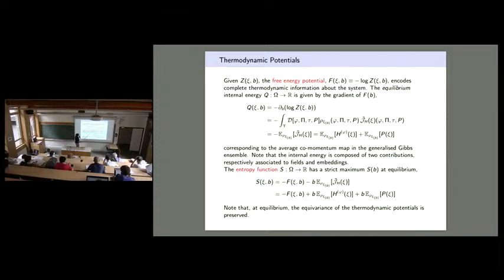So you can define an entropy function at equilibrium, in the standard form, the one Frédéric was discussing, which is now written in terms of a Legendre transform. And again, this is nicely written in terms of these two different pieces of information: the information about the diffeomorphism and the information about the actual physical points, which are the fields.